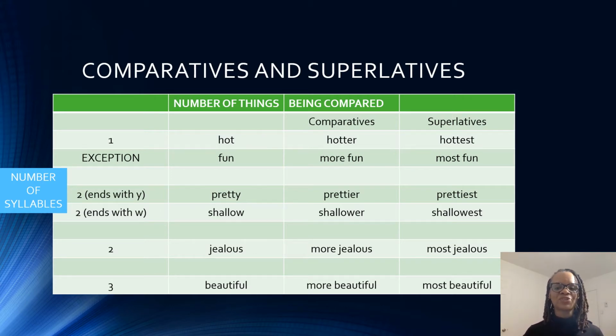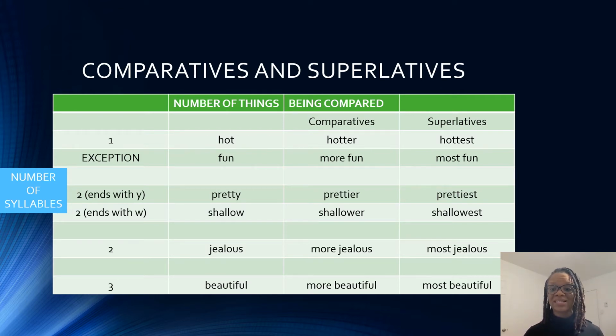There is actually one exception to this rule. The word fun actually has one syllable, but we only say more fun or most fun. And I think it's because if we were to say funner and funnest, it could be easily confused with funny, funnier, or funniest.